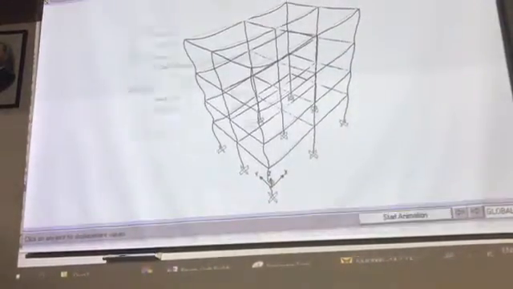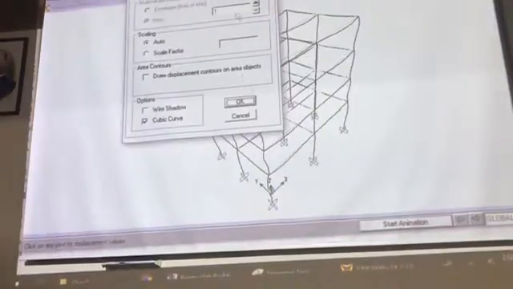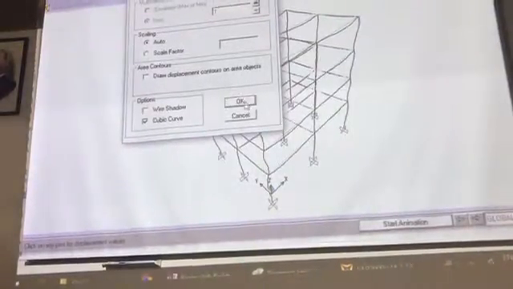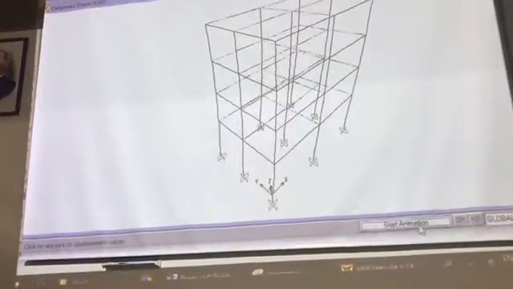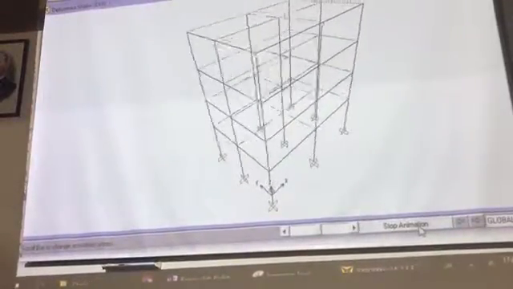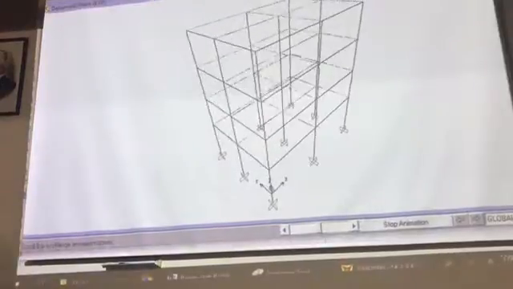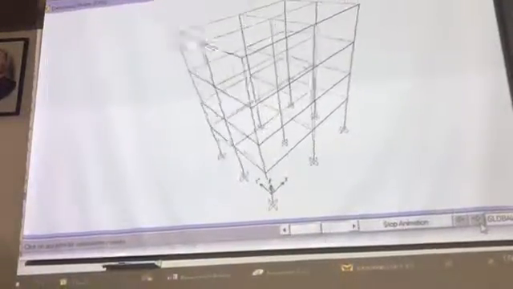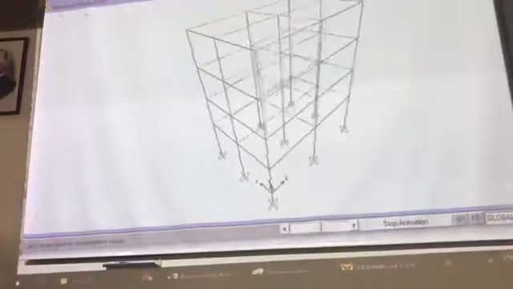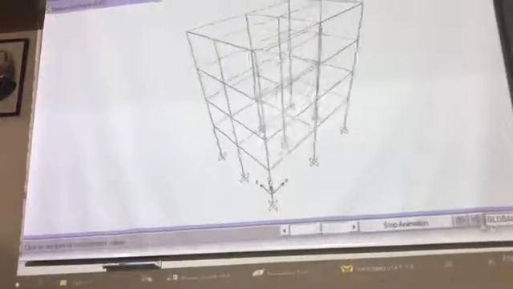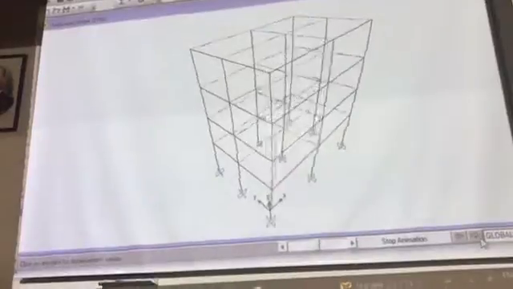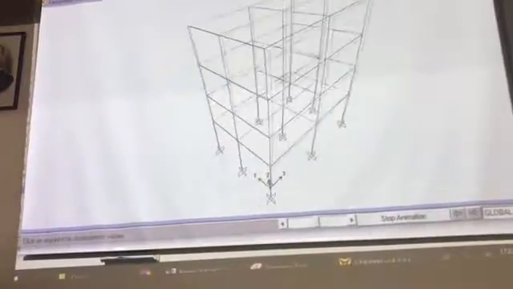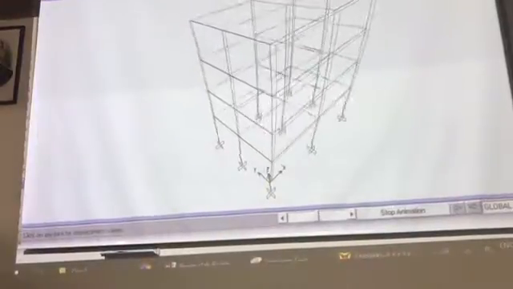And under EXP loading, for example, this will be the displacement due to horizontal forces. This is EXN, negative eccentricity. This is EYP, and this is EYN. These are the displacements. What about moments or reactions? Let's see reactions.